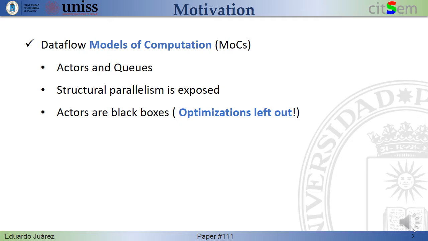A Dataflow MOC models an application as a graph of functional entities, known as actors, that interchange tokens through FIFO queues. Although application structural parallelism is made evident in this way, it leaves out any potential optimizations that could exist within actors, since because of this representation they become black boxes.